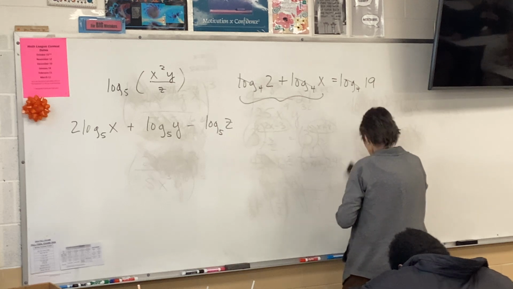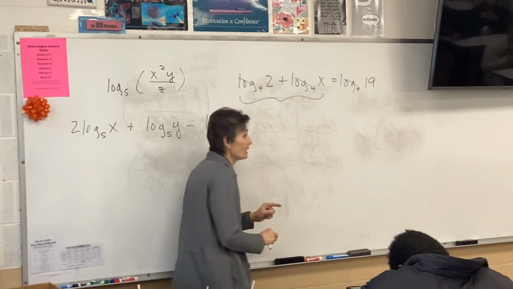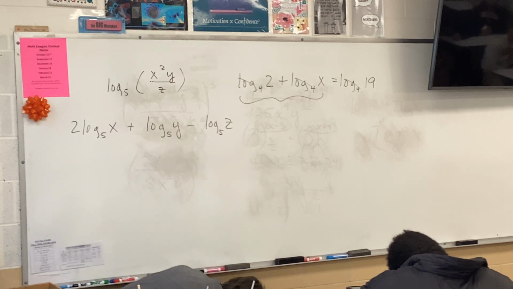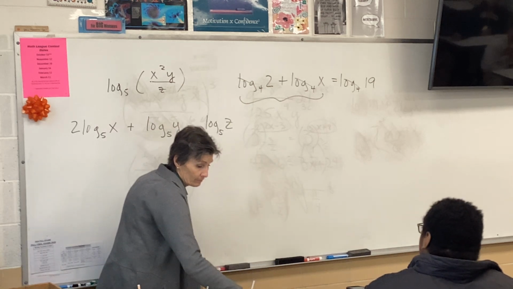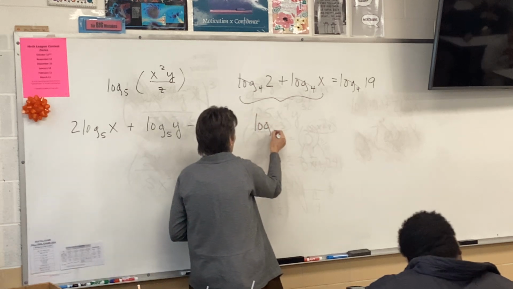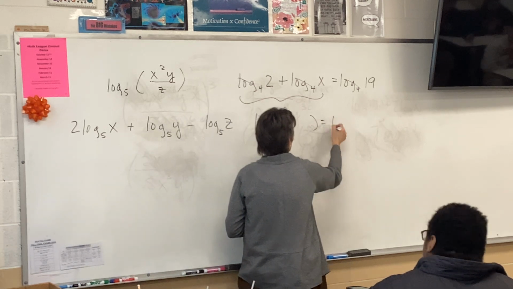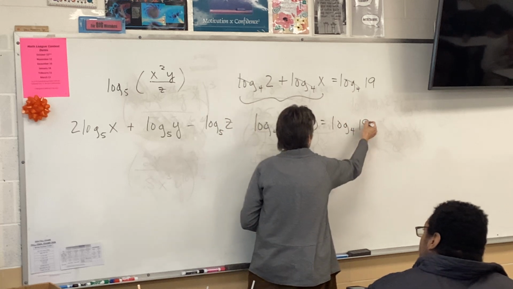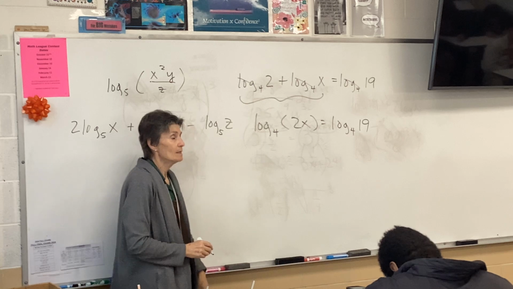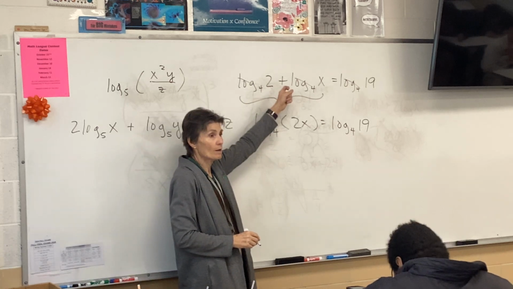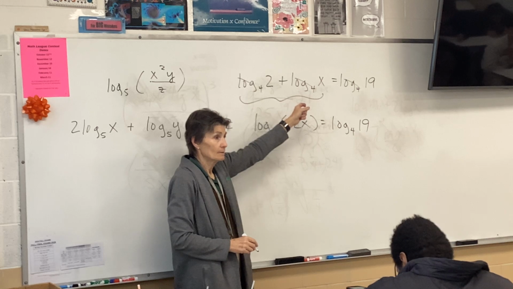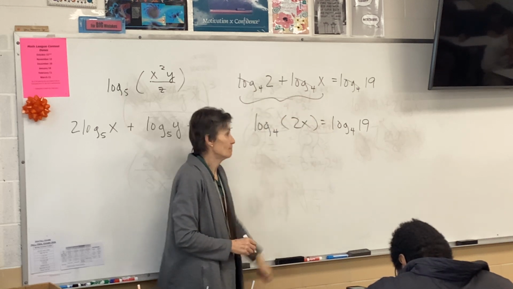So tell me what we're gonna do to combine those. 2x. Log. It's gonna be log base 4 of something. What's the something? 2x. And why is it 2x? Because those are added, right? Okay.